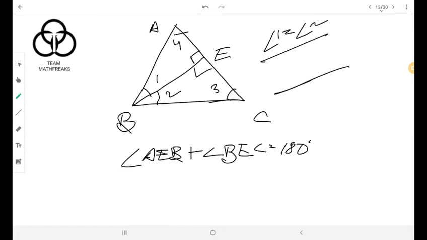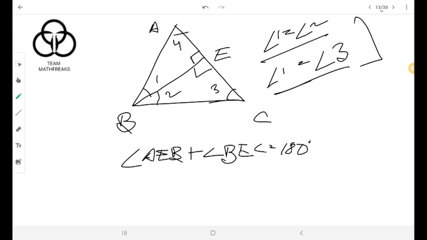Another possible case is that angle ABE, angle 1, equals angle BCE, I guess. Yes, angle 3. These are the two possible cases.